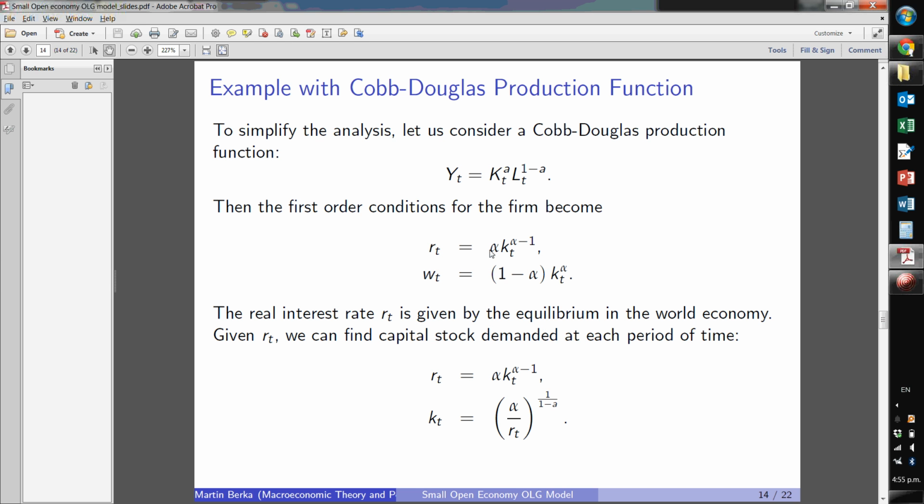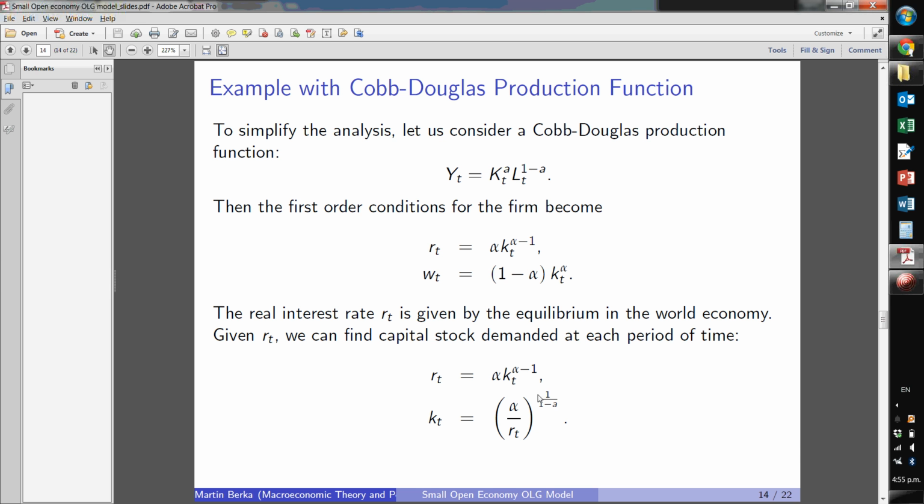So if I expressed k t in this line, I would have k t is equal to r over alpha to the power of 1 over alpha minus 1, which is equivalent to saying it's alpha over r raised to the power of 1 over 1 minus alpha.